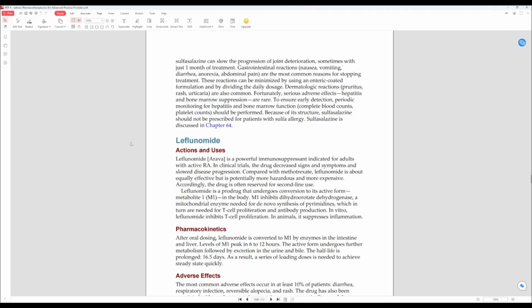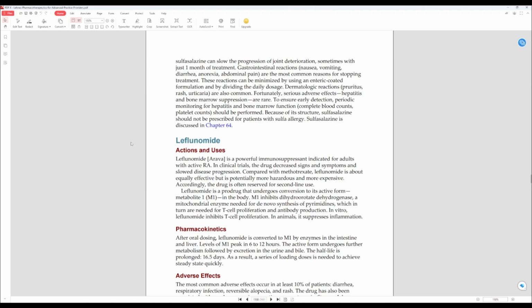Gastrointestinal reactions, such as nausea, vomiting, diarrhea, abdominal pain, and anorexia, are the most common reasons for stopping treatment. These reactions can be minimized by using an enteric-coated formulation and by dividing the daily dosage. Dermatologic reactions such as pruritus, rash, and urticaria are also common.